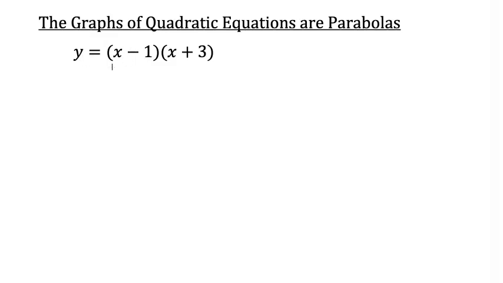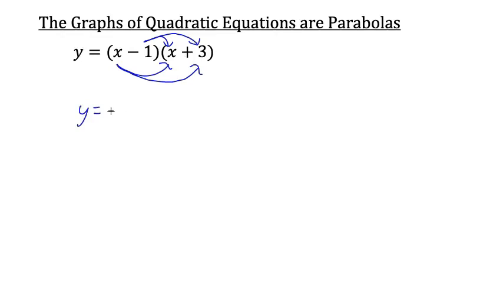To see why equations written like this are quadratic equations, let's go ahead and expand it out. So when we multiply two binomials, we end up doing 4 multiplication problems. You might work out those 4 multiplication problems with the help of a box. I'll just go ahead and use this FOIL method.